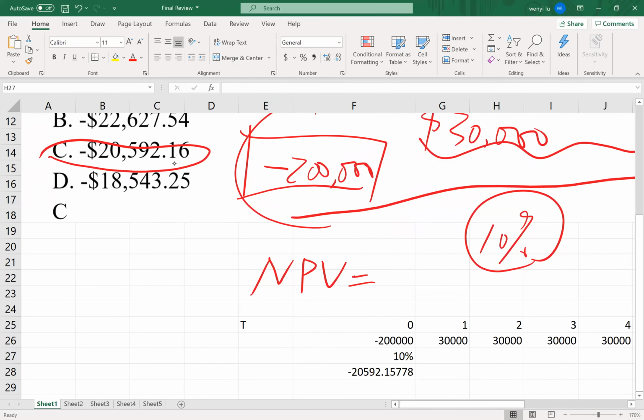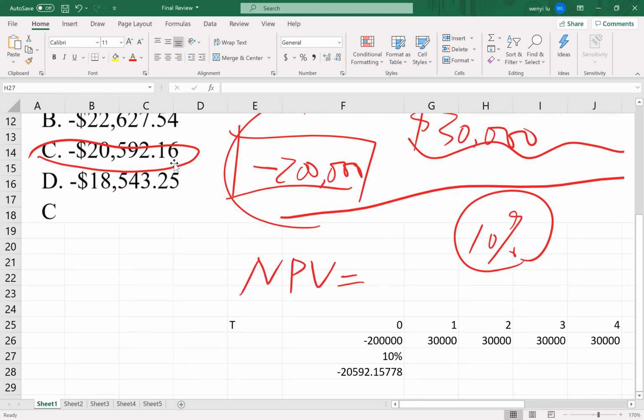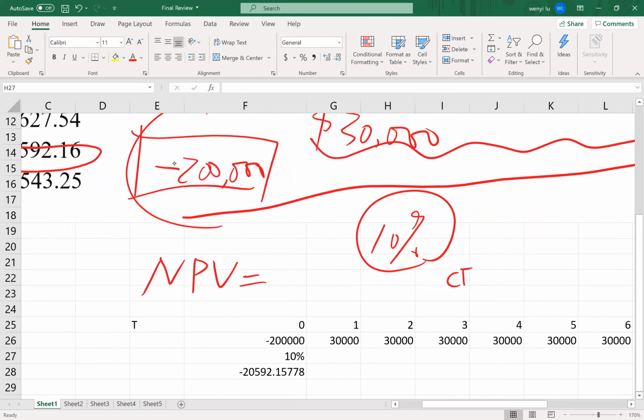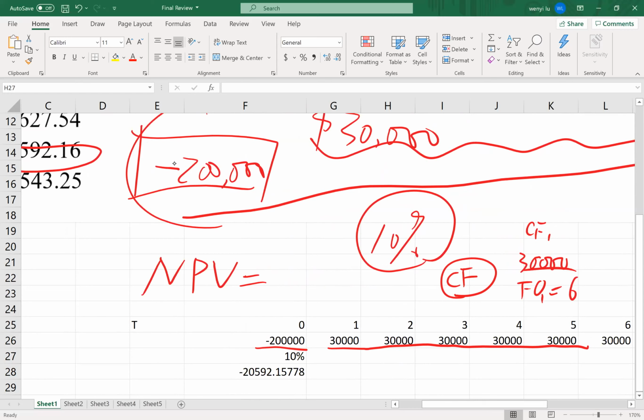You can use the financial calculator, right? Use the multiple cash flow key, CFT. Once you press CFT, this one is CF0, and this is the cash flow for the future. So 30,000 will be CF1, and F01 will equal 6, as there are 6 equal cash flows.